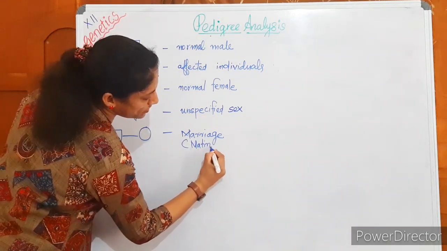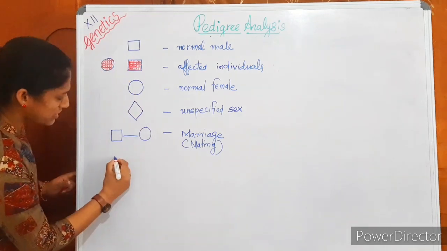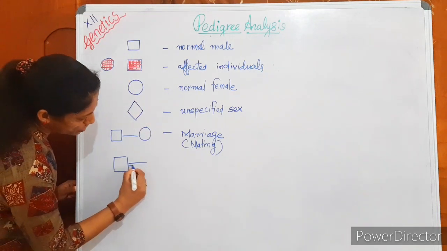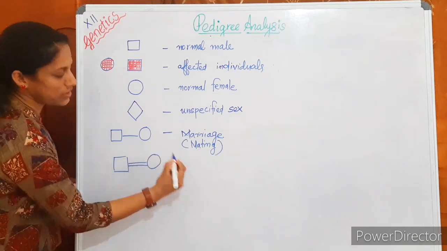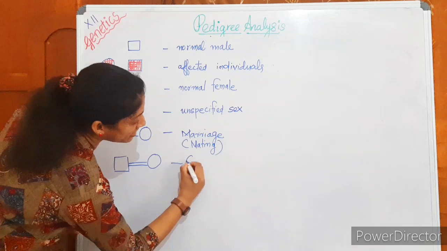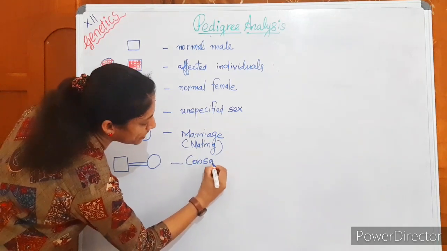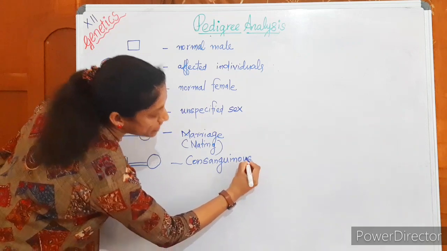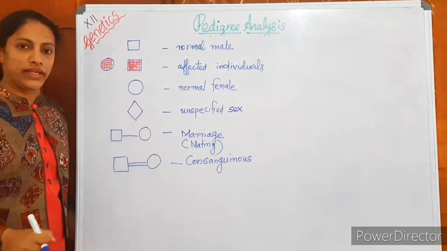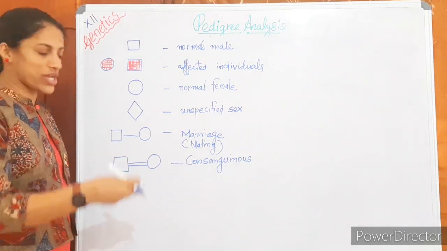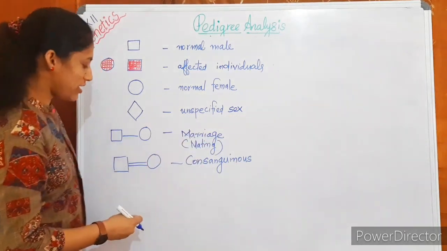The same symbol, a square connected with two lines to a circle, what does it indicate? This indicates consanguineous mating, that means relatives' marriage. If a disease is there in a particular family, relatives' marriage gives a little more chance for the inheritance of the disease.